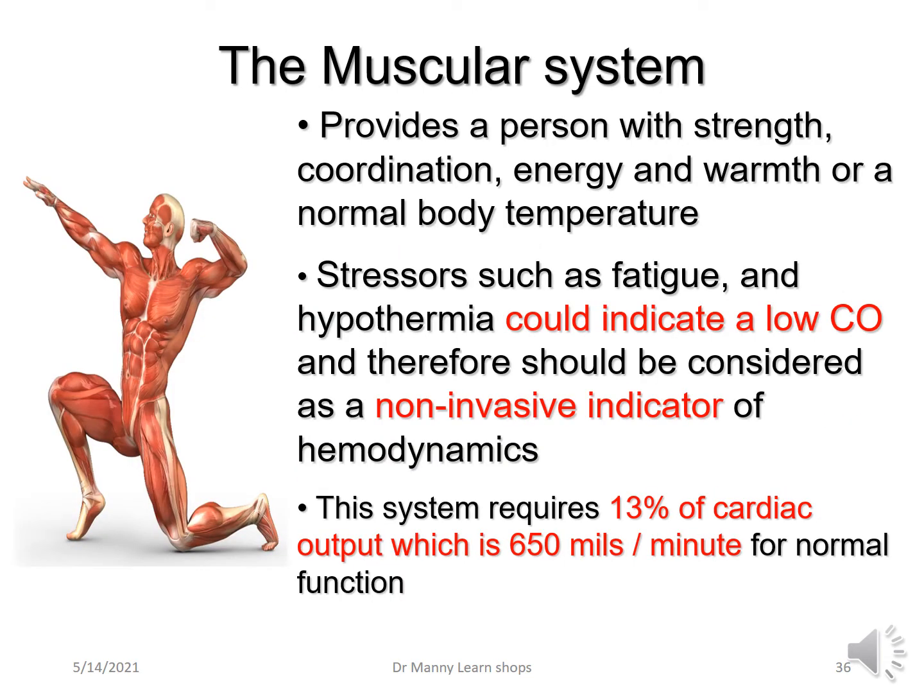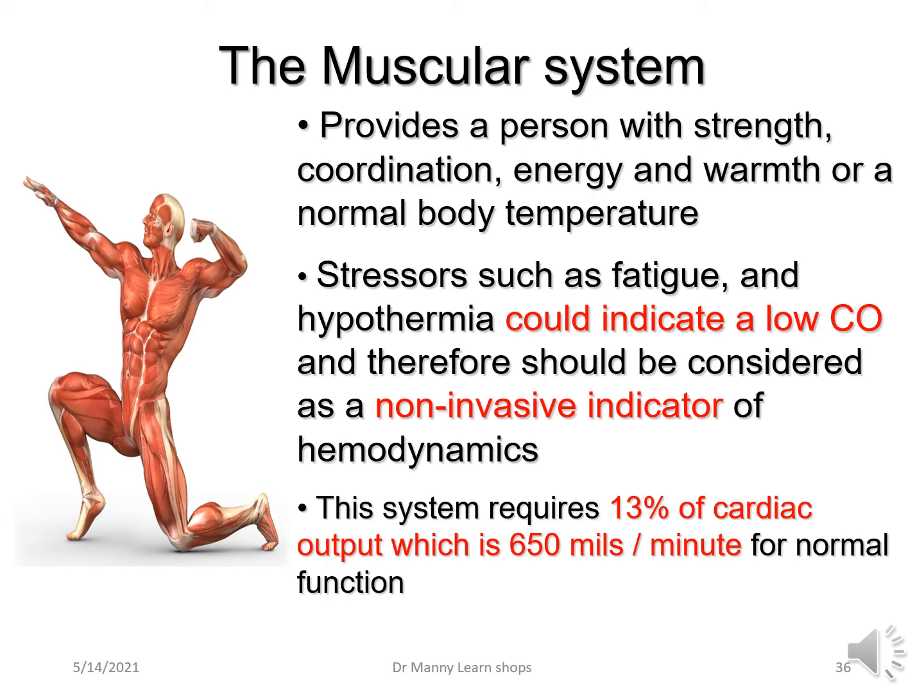The muscular system is a good indicator as well. Muscular system provides a person with strength, coordination, energy and warmth, and a normal body temperature, because the muscular system is responsible for generating heat. Stresses such as fatigue and hypothermia could indicate that you have a low cardiac output, and therefore should be considered as a non-invasive indicator of hemodynamics.